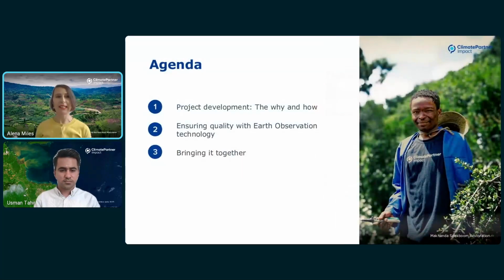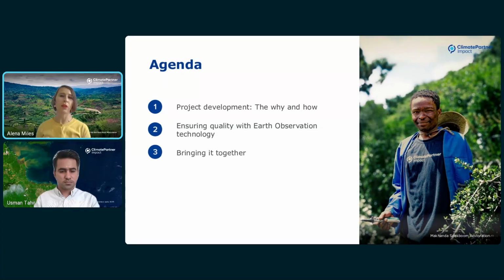So specifically today, we will dive really deep into carbon project development. We will start by thinking about why it's such an important topic and why companies should get interested and involved in carbon projects. We'll then talk about specifically how it fits within your climate strategy, and we'll share some things that our clients are doing. But then a really big part of today, and I think that's a really exciting part, will be about what happens on the ground. How do we decide on the project? How do we conduct due diligence?